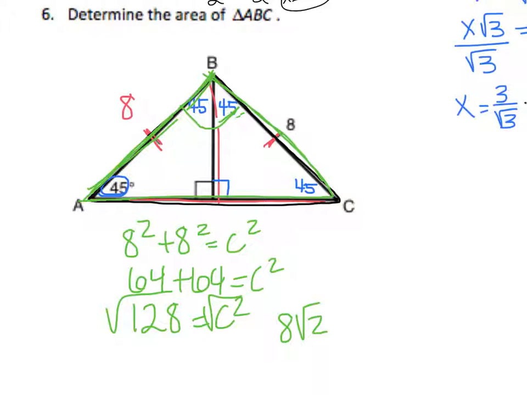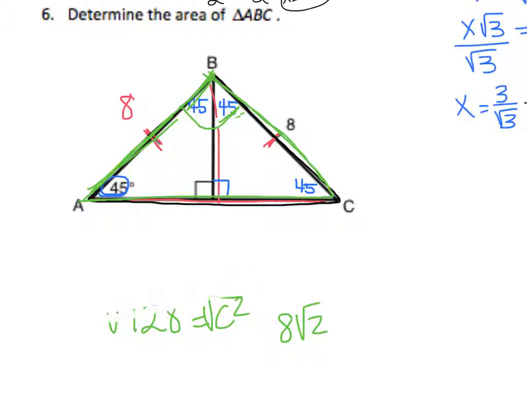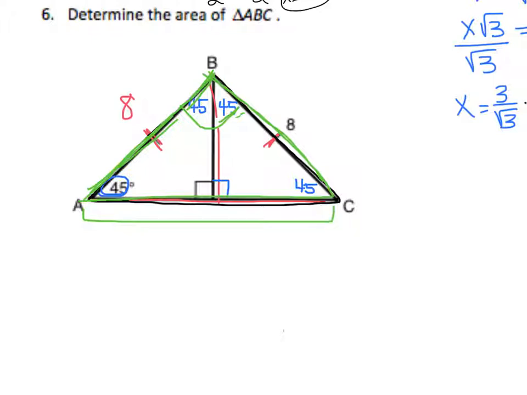Okay, you could have found that by looking at each individual triangle and doing our proportions like we've been doing. You can definitely do that. I just saw an opportunity to use the Pythagorean theorem, so I wanted to use that. So this whole side of AC is 8 root 2. Okay, so this makes each side here 4 root 2.